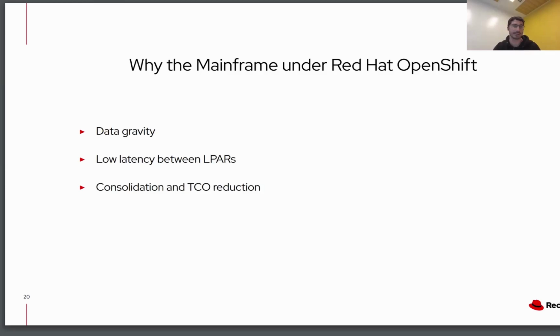Consolidation and TCO are great points. Even though a single mainframe will surely cost more than one single x86 box, the power it gives you is completely different. There is then a point about business continuity, because you will want to have all applications running at all times.